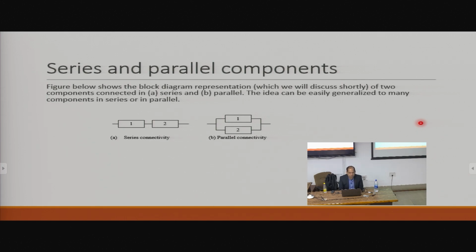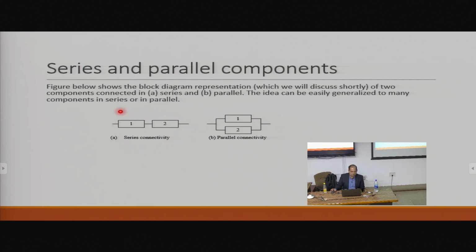So if both 1 and 2 are working, then the system will conduct. Otherwise, it will not. So it's a series system on the left-hand side. On the right-hand side, it has, so to speak, two pathways. And this can be easily generalized for many components in series or parallel, right? So you could have a large number of components, and you can see what the system reliability in that case is. Okay.